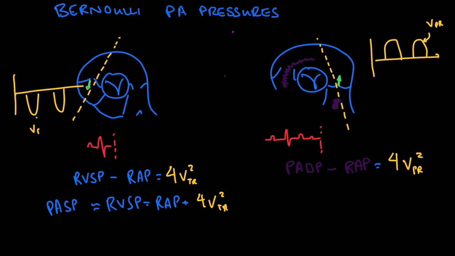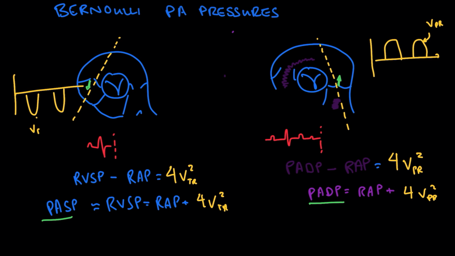So we can say that our pulmonary artery diastolic pressure is equal to the right atrial pressure plus 4 times our velocity squared. So we have a formula now for pulmonary artery systolic pressure. We have a formula for pulmonary artery diastolic pressure.